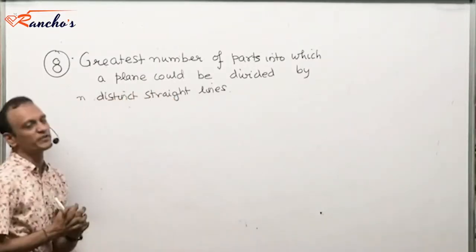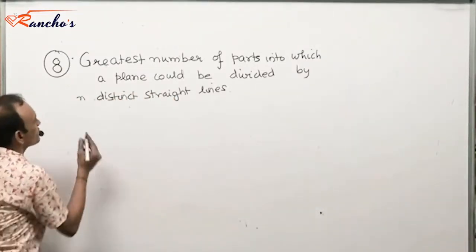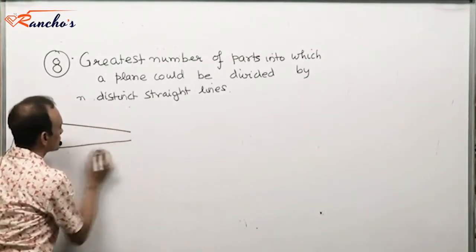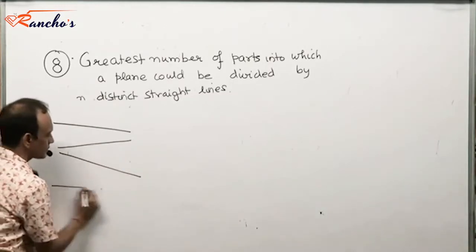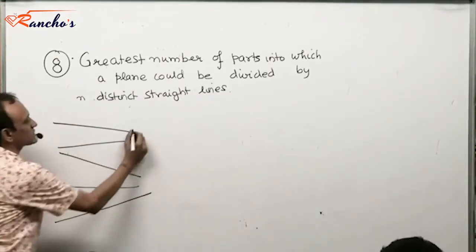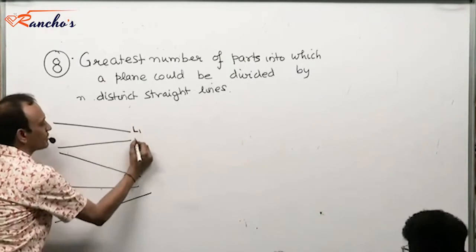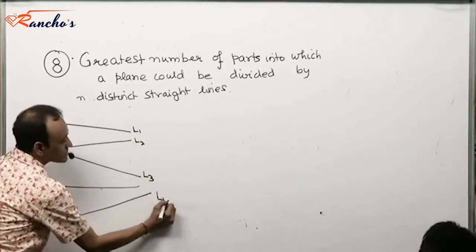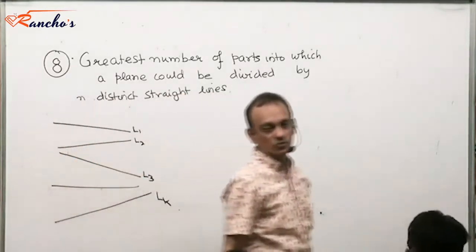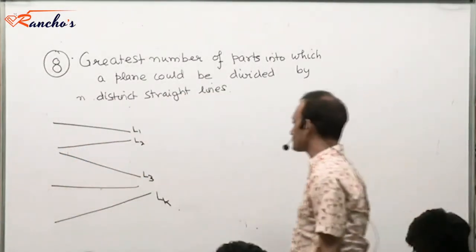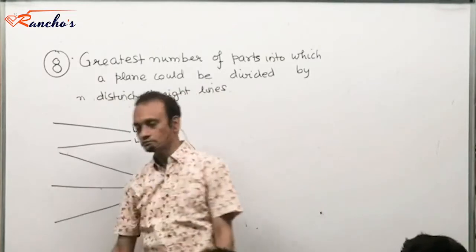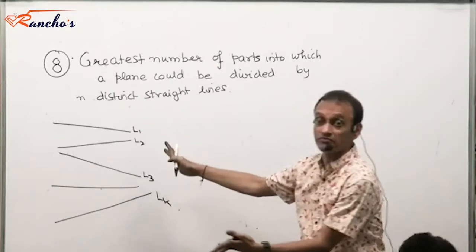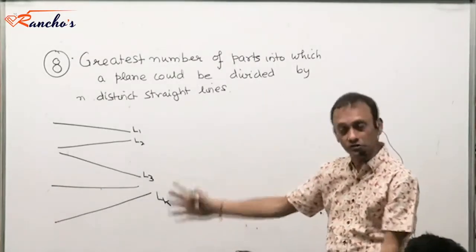Now, one simple observation. Suppose there were k lines, L1, L2, L3, Lk. They create a certain number of regions.